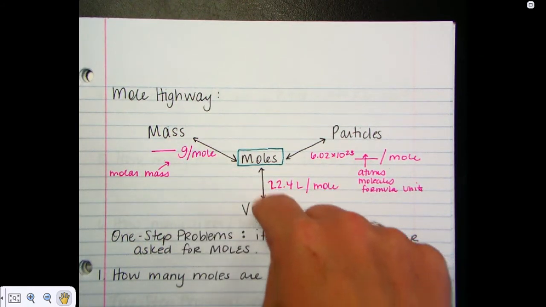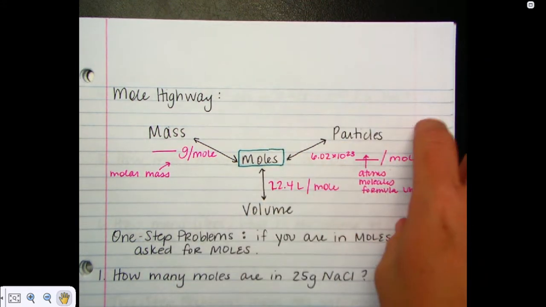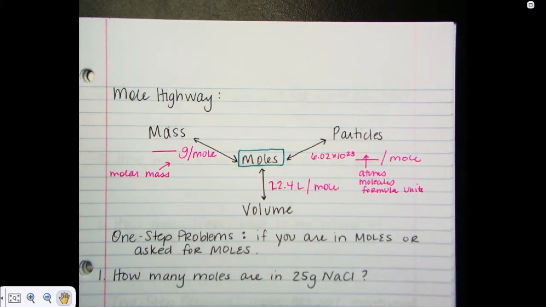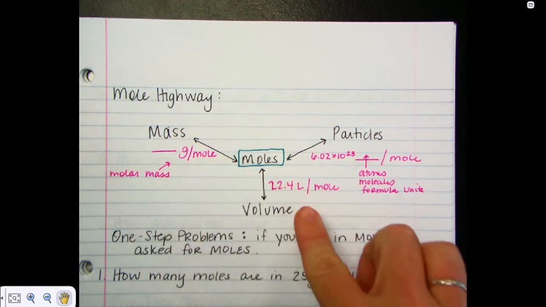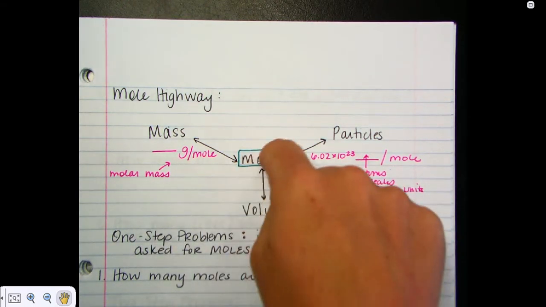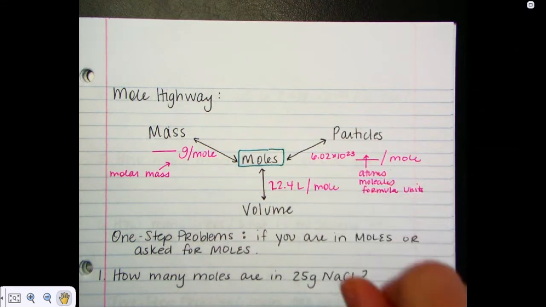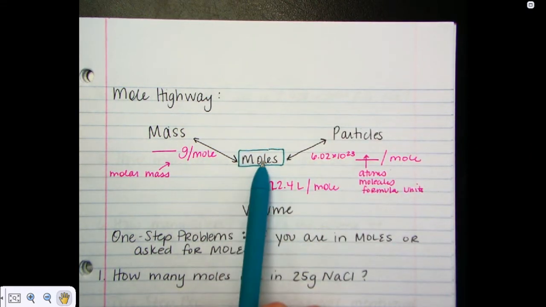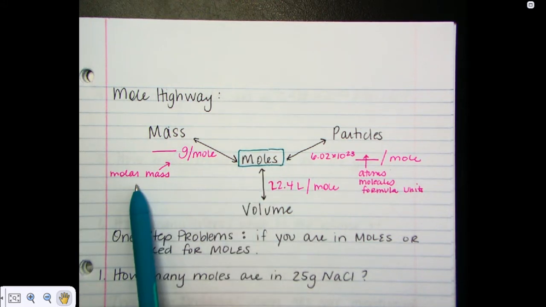Okay, so this diagram is a good thing to keep in front of you when you are doing these conversions, especially if you're just learning, because it gives you, again, that visual representation of what's going on. Now, the stuff I've written here in pink, these are the actual conversion factors you're going to use to do these particular conversions. So let's talk through those real quick. As I'm going from moles to mass and mass to moles, my conversion factor is molar mass.